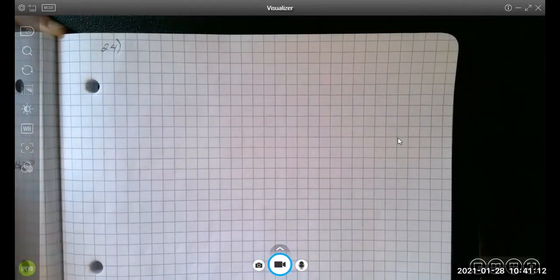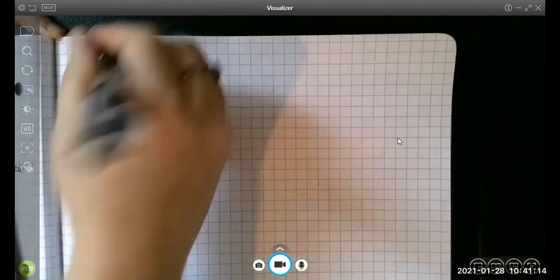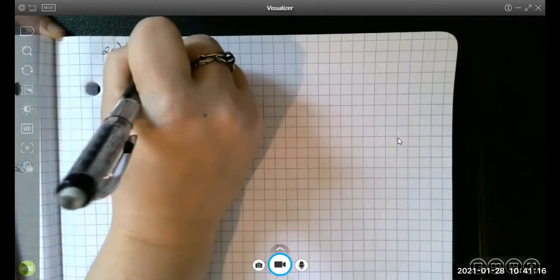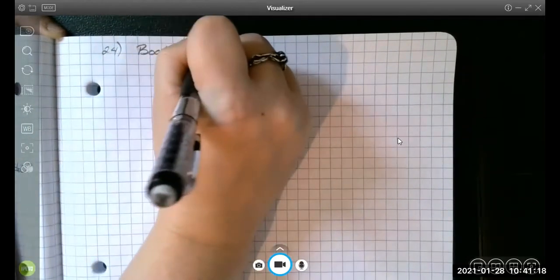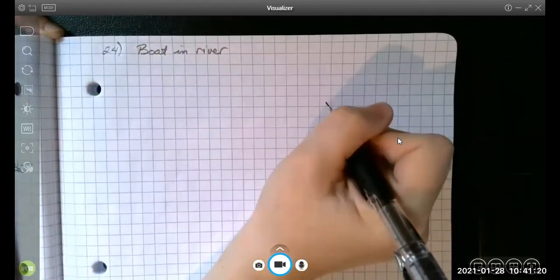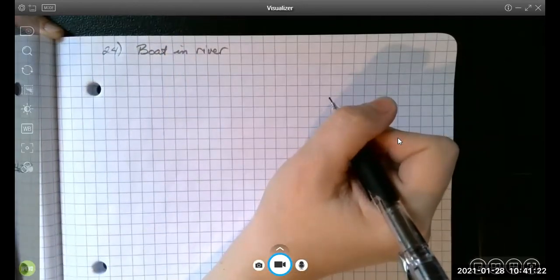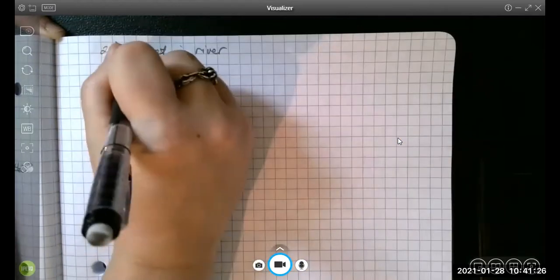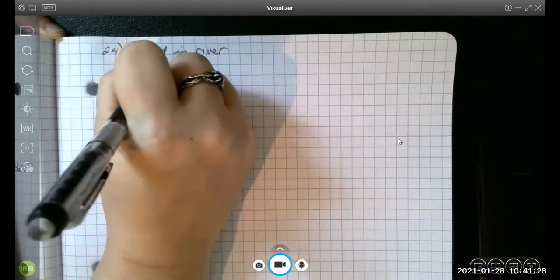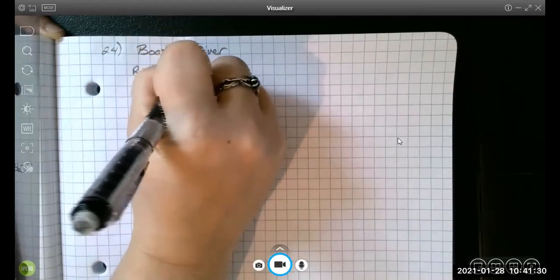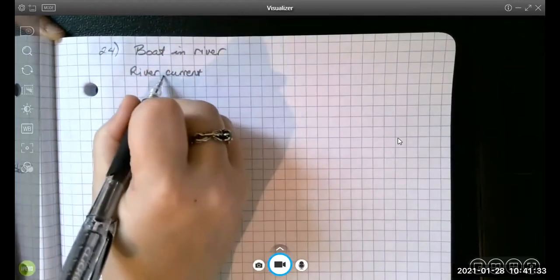So we have a boat traveling in a river. Boat in river. I like it. I like water. With a current that has a speed of 1.5 kilometers per hour. Okay, so the river current, and this is a good vocab word to have. Current is the speed of the water.